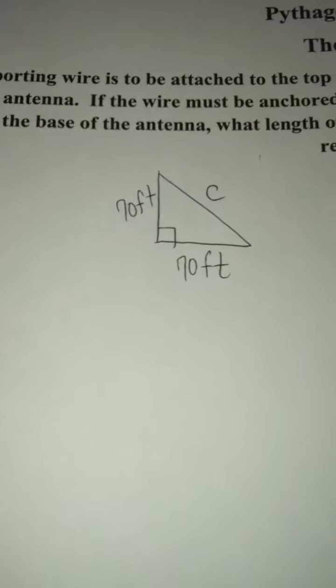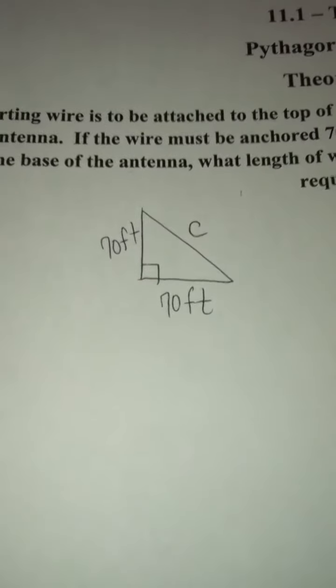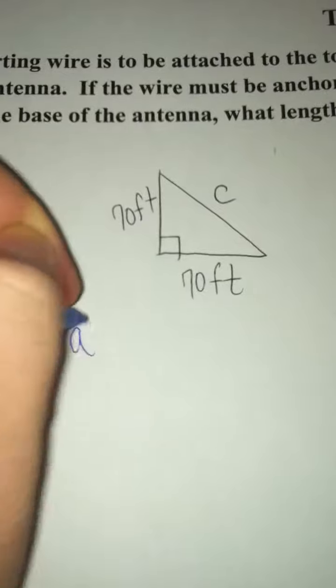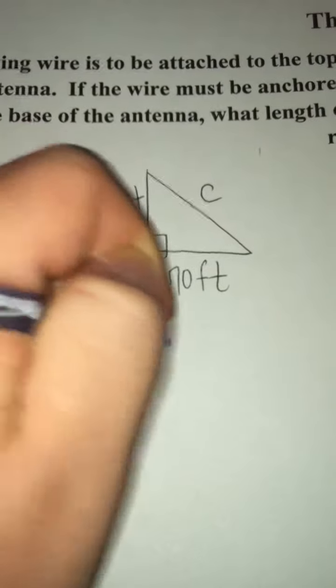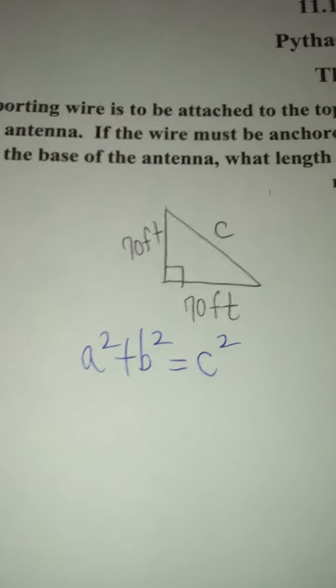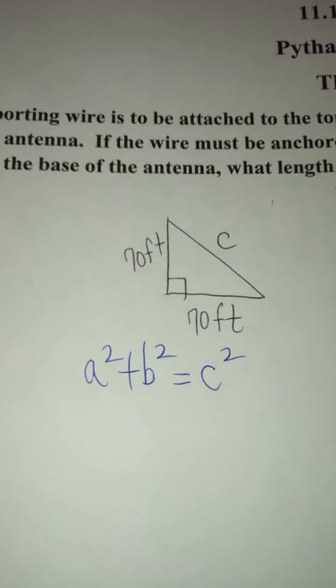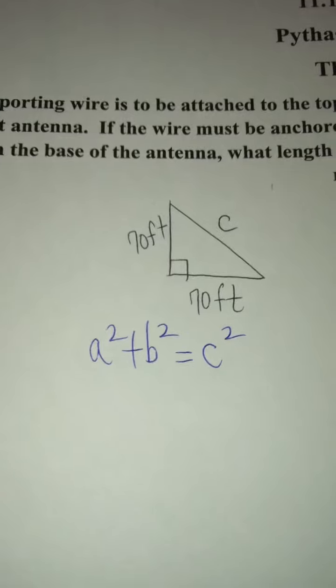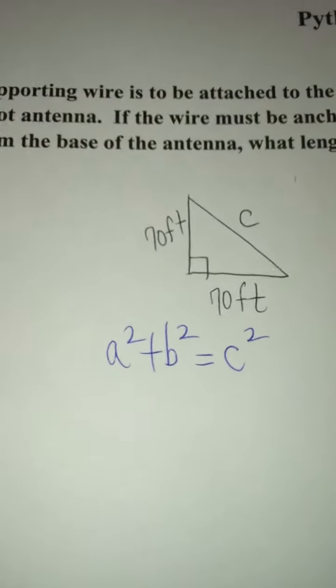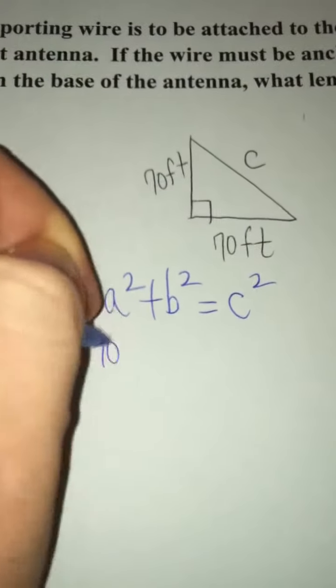Anytime you have a right triangle, use the Pythagorean theorem, which is a squared plus b squared equal to c squared. And actually, a and b are the two legs of the triangle, which in this case are both 70. So in place of a and b, plug in 70.